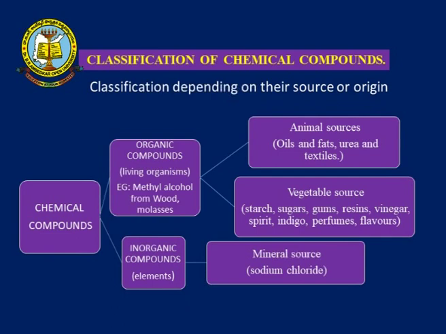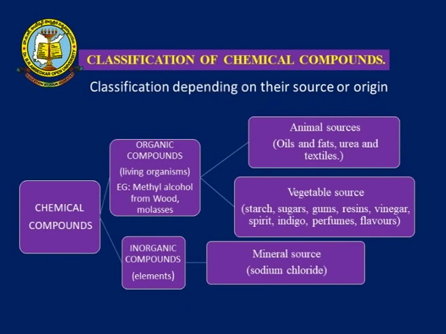Coming to organic compounds, previously people used to think that organic compounds could not be prepared in the laboratory, but could be obtained only from living organisms such as animals and vegetables.